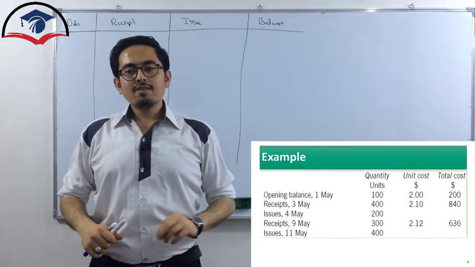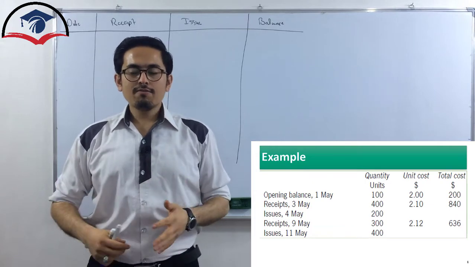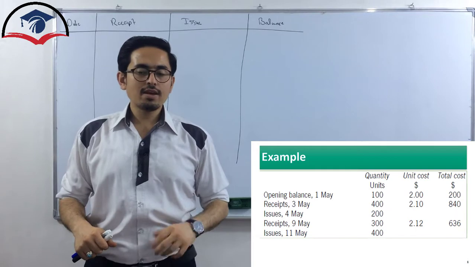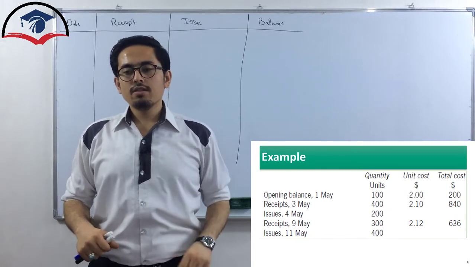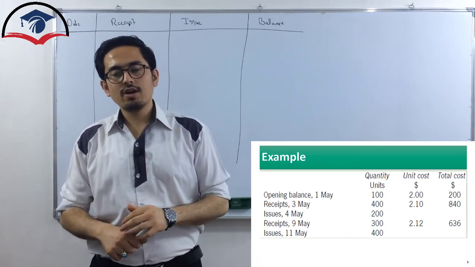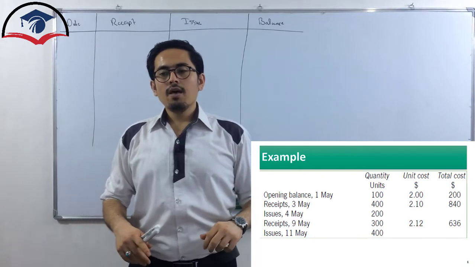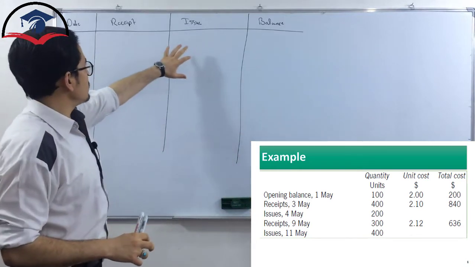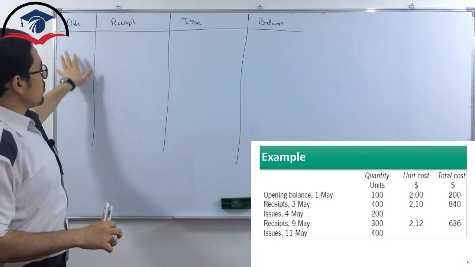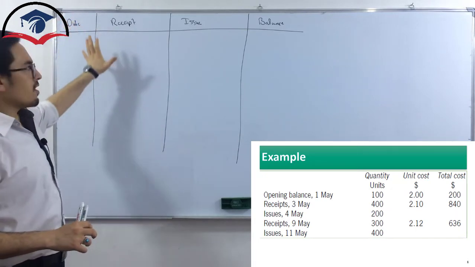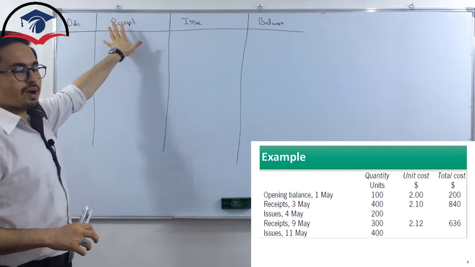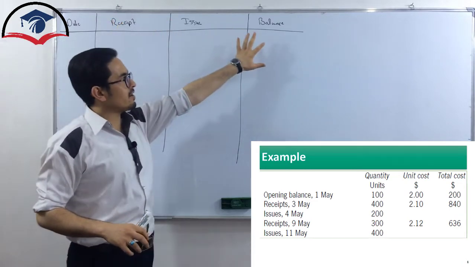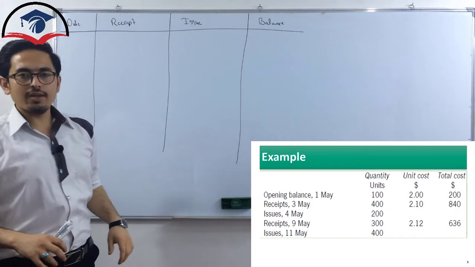The example says during the month of May, from 1st to 11th May, we had some receipts and some issues, and there was an opening inventory at the beginning of May. We're going to record this in the table shown here, which has four columns: a date, all the receipts you had, all the issues you had, and the remaining balance in stock at the end of the period.